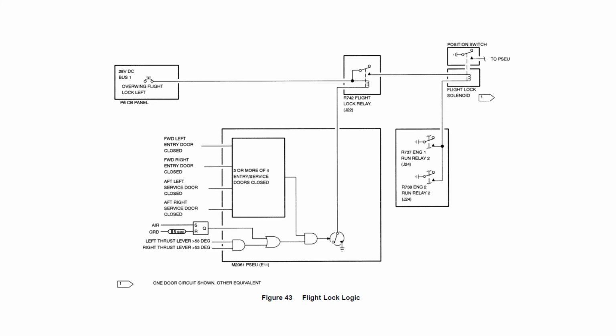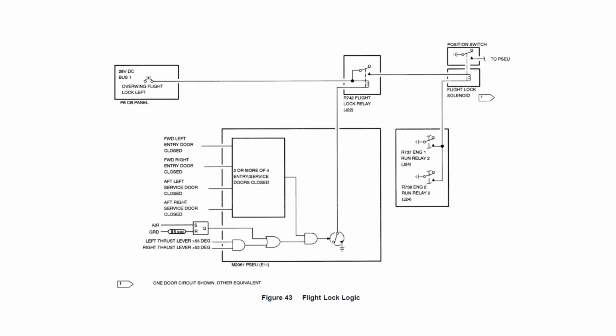If we get a 1 out of the AND gate, it's going to energize that internal logic relay inside the PSEU. So we've got a 1 at the top of that AND gate. Let's have a look at how we can get a 1 at the bottom.